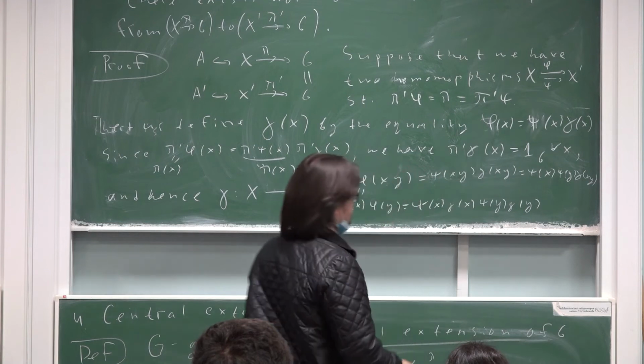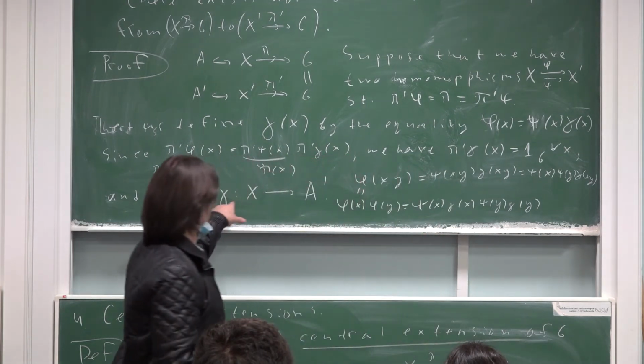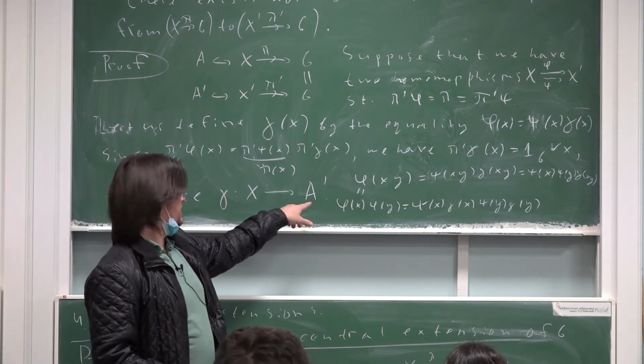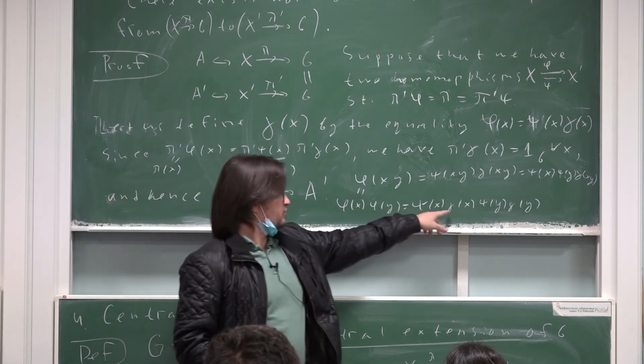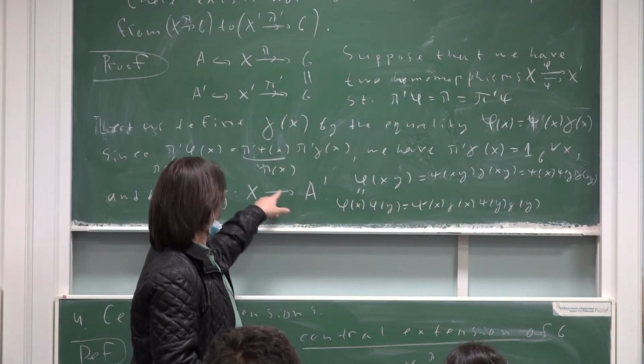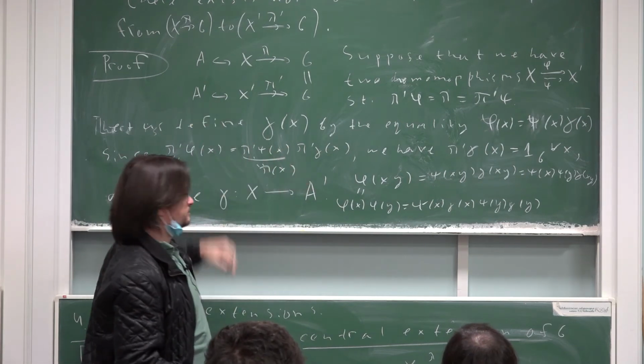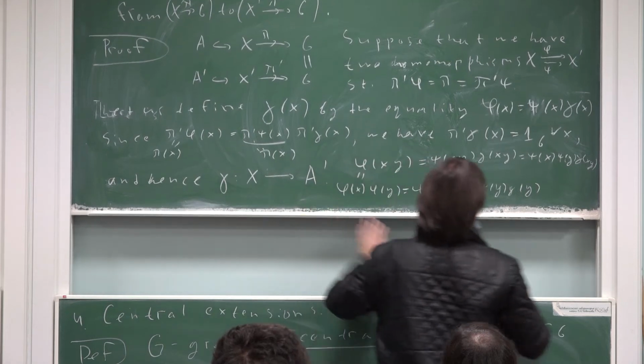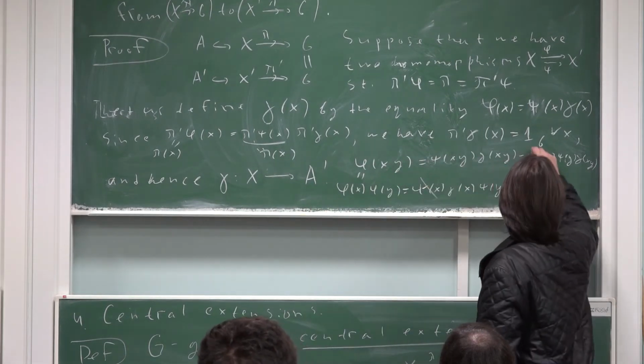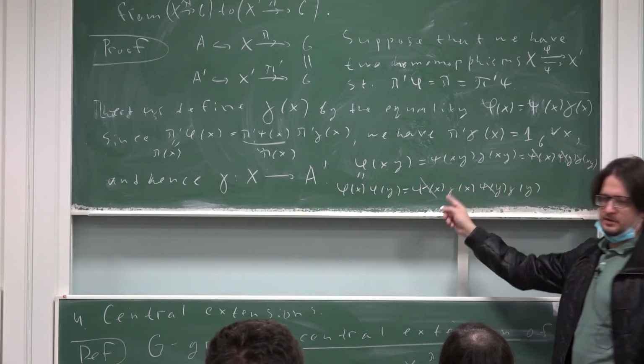And now, since we have shown that gamma is a map from X to A prime, then gamma of x lies in the center of X prime, yes, because this extension is central. And hence we can cancel this and this, because they commute.